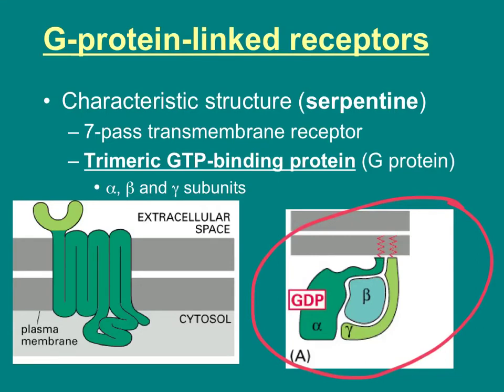The alpha is normally sitting in the inactive form with GDP bound, D as in diphosphate. When the ligand binds, it changes the conformation of this intracellular loop that then recruits this whole complex to come over. How is this complex linked to the plasma membrane? Lipids. A lipid modification.